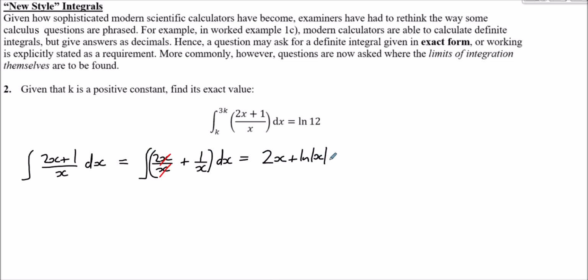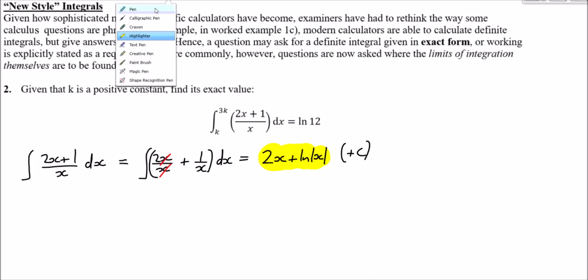Then of course I've got the plus c. So using this bit of information, essentially this is the main bit here. When we input the definite limits, the constant of integration doesn't matter, it essentially cancels itself out. We're just going to input 3k and k into this expression here.